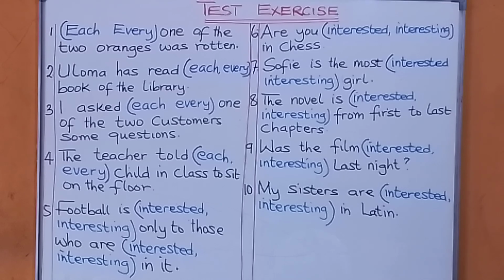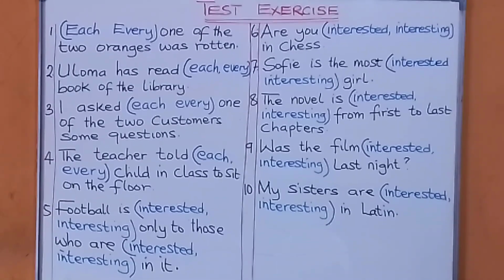So when we say every, we always use that to denote more than two things taken as a group. Now when we go to interested and interesting, we say interesting refers to the thing which arouses interest, while interested refers to the person who takes an interest in a thing.